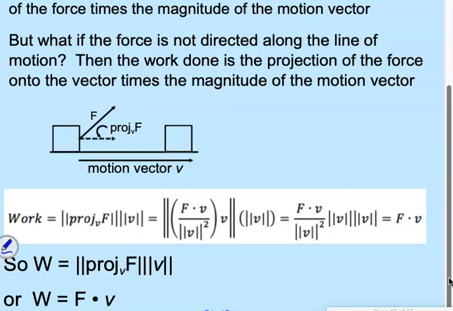We need the direction of motion, right? So the vector, this is our motion vector. We need the force that's being applied to the object to be in the same direction as the motion of the object. How do we figure out the amount of force that's in the same direction as the motion of the object? It's the projection of our force vector along the vector of motion, right?